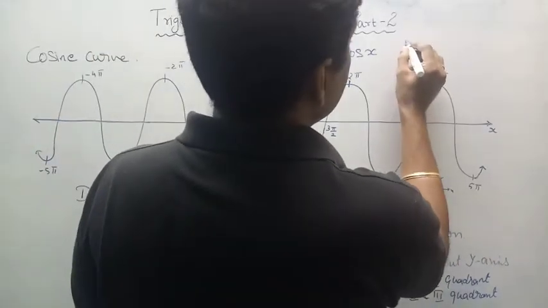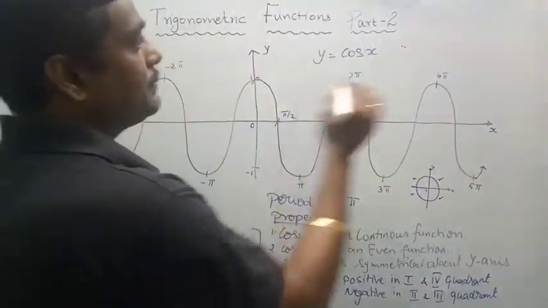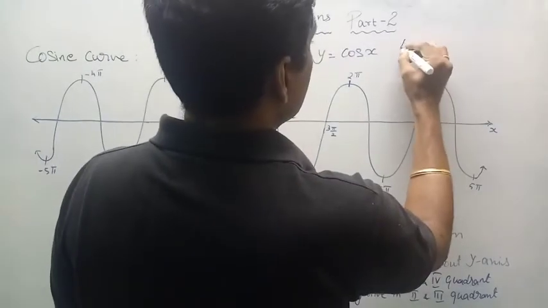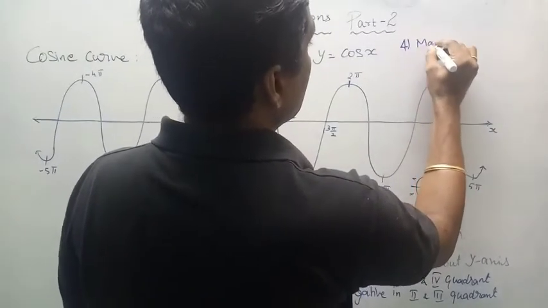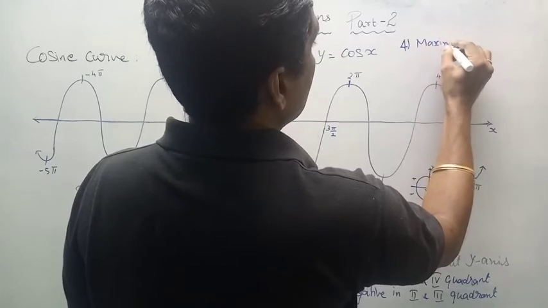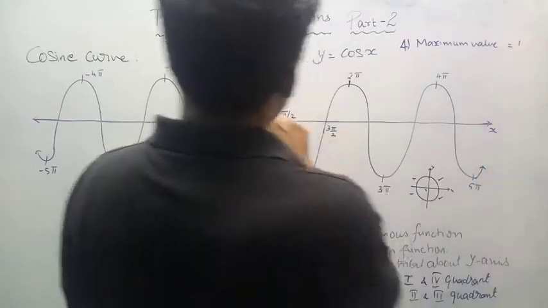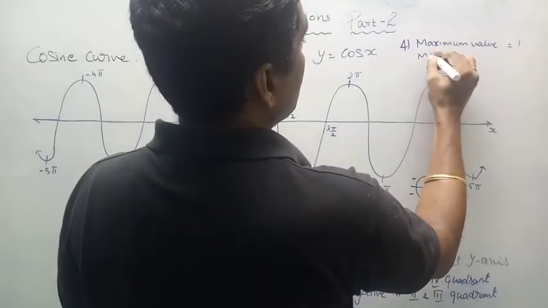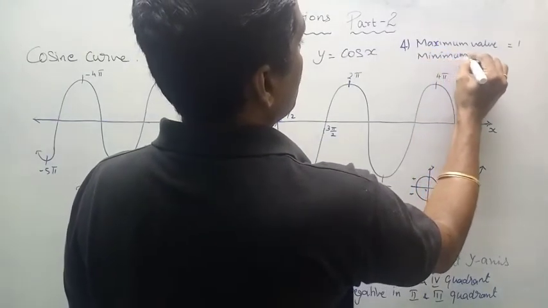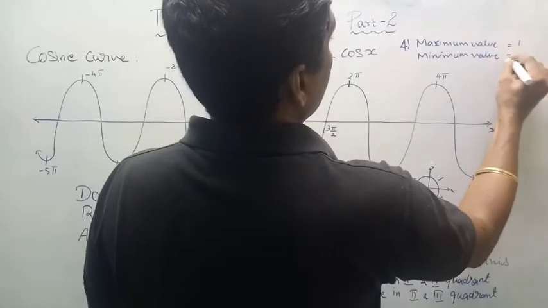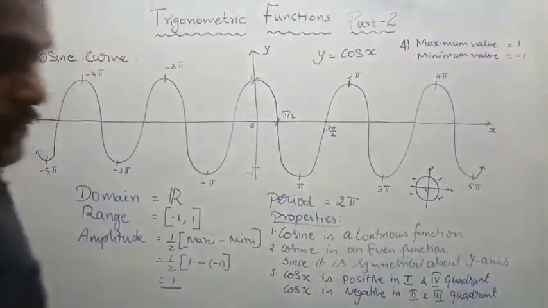I'll write here. The maximum value is equal to 1. Minimum value equal to minus 1.